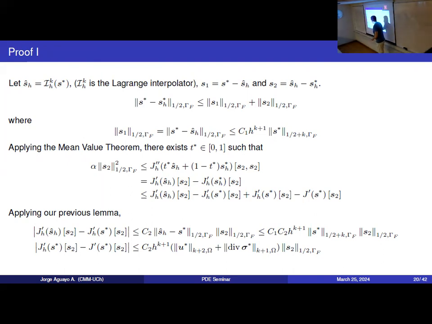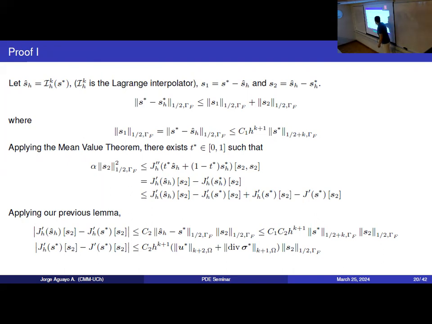So we're using the second order optimality condition. That's the idea. And the mean value theorem. So we are using some tricks. First of all, we have this property, the mean value theorem right now. And we have these 2 terms.